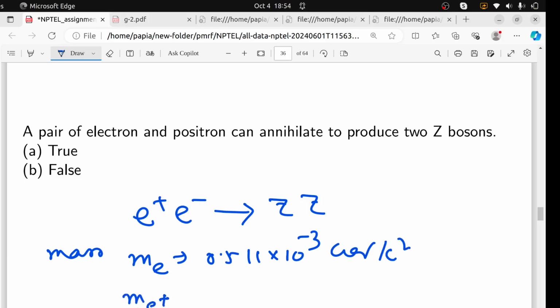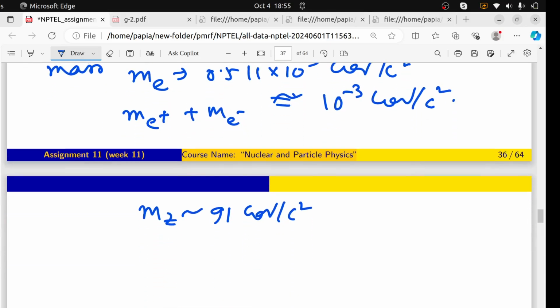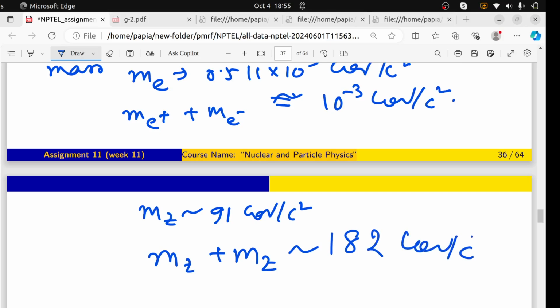So the sum of m e plus and m e minus, when they are at rest, will be of the order of 10 to the power minus 3 GeV by c square. But the mass of Z is 91 GeV by c square, and on the right hand side Z is there twice, so it is obviously 182 GeV by c square.